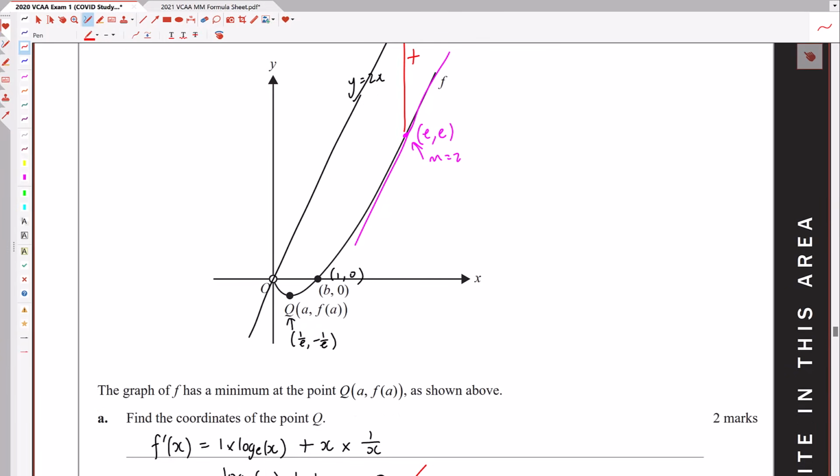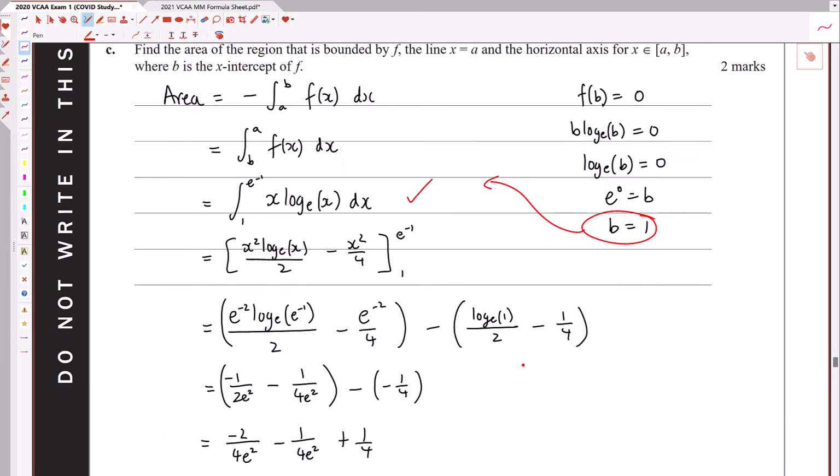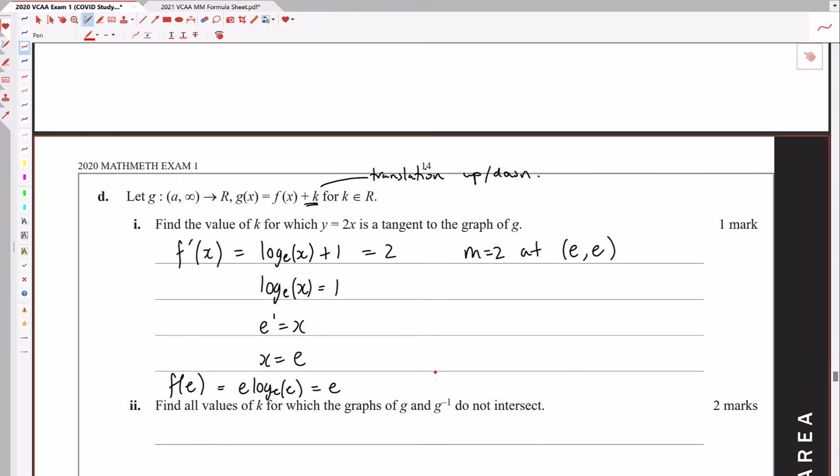What we really need to work out is, we could do a couple of things, but what would be the best thing, I think, is to work out what is the y-intercept of this tangent, and then that's going to tell us how much we need to move the graph up by in order to get the tangent essentially to be y equals 2x. So if we work out the tangent when x is equal to e, so let's go back here.